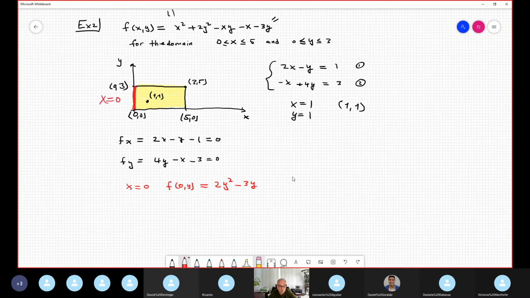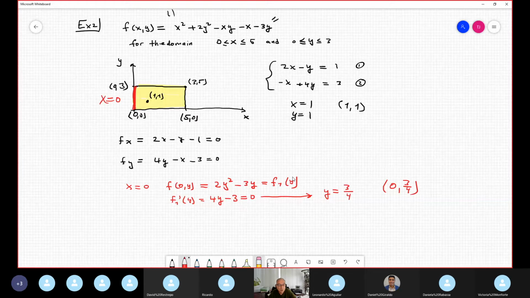When you navigate the red part, if you want to investigate the behavior, you find the derivative. Suppose I call this function f1 in y, because it depends only on y, and the derivative is 4y minus 3. I set it equal to 0 and solve. Then, at the point y equals 3/4, because the assumption was I navigate for x equals 0.